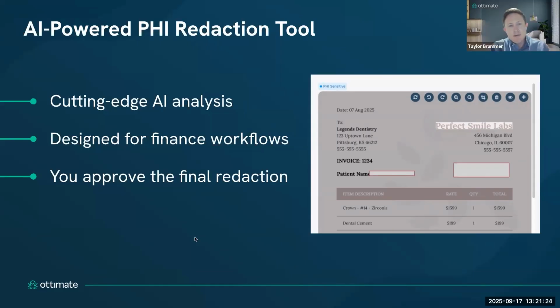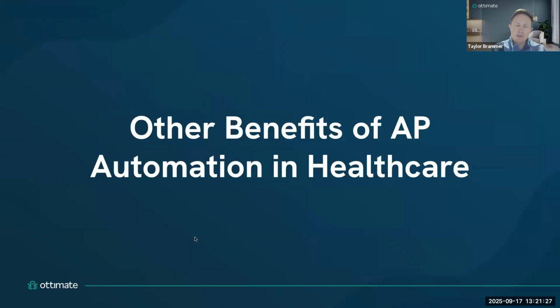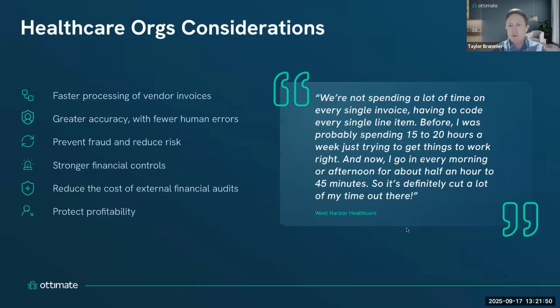Yeah, and I think that PHI redaction is kind of a piece of the bigger puzzle. Our broader story here, and I think the broader story in general, is how AI can transform the back office, how we can leverage AI to become more efficient, leverage the data that we're getting, use it efficiently, and that definitely applies to PHI detection and redaction, but also to the entire invoice process automation.